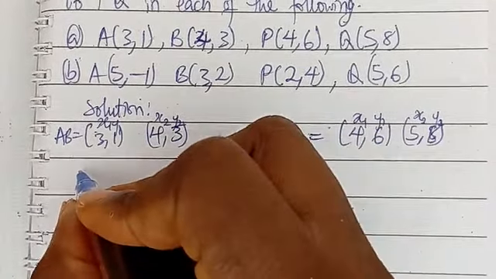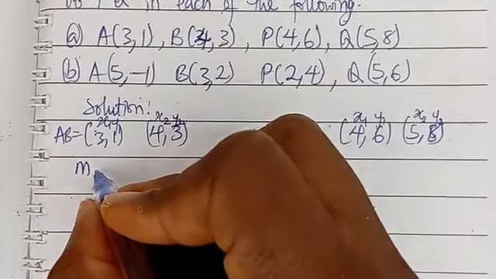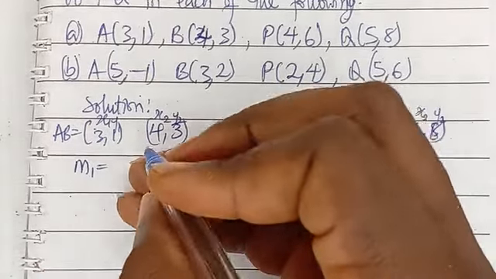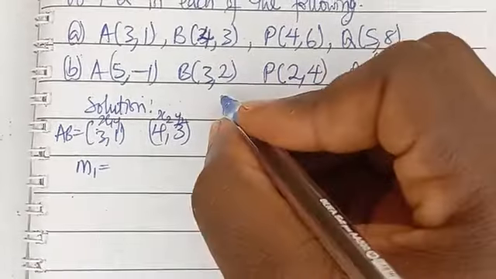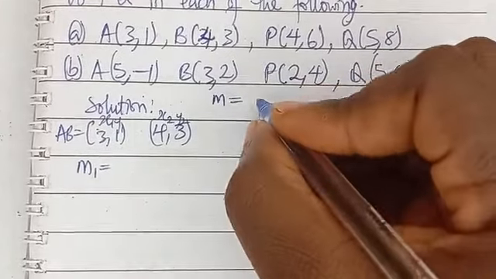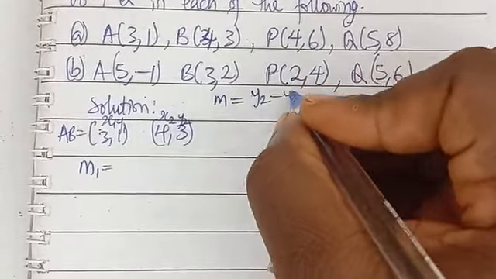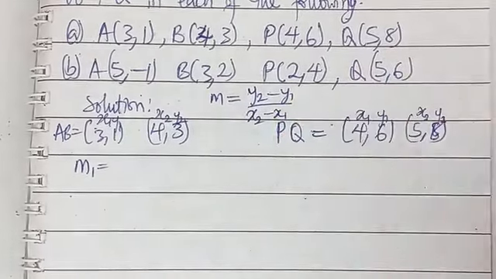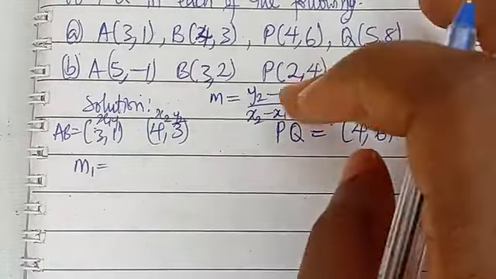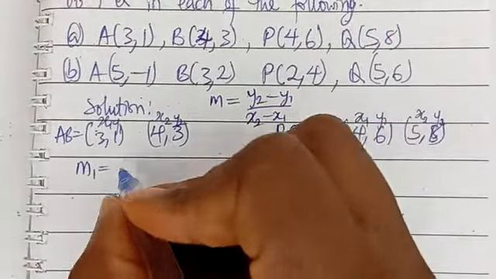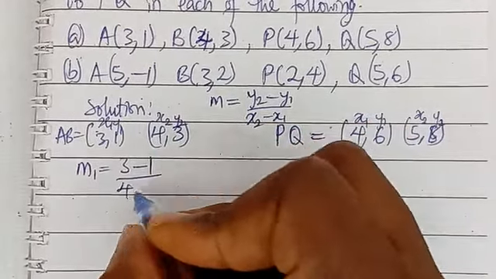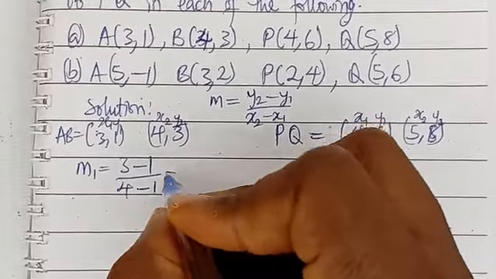We have m1 is equal to, let's write down the formula somewhere so we can always look at it, y2 minus y1 over x2 minus x1.